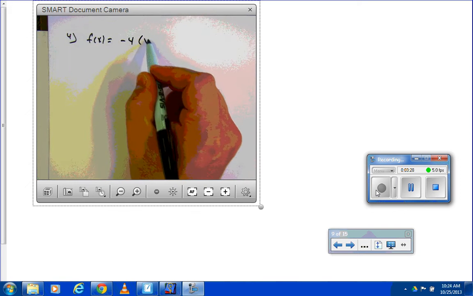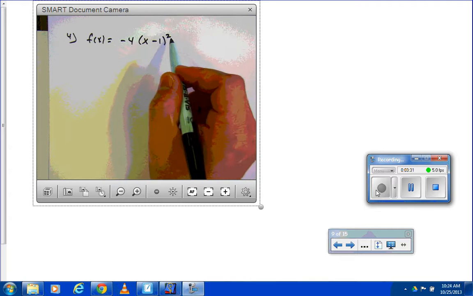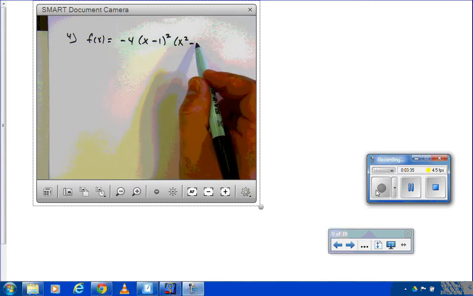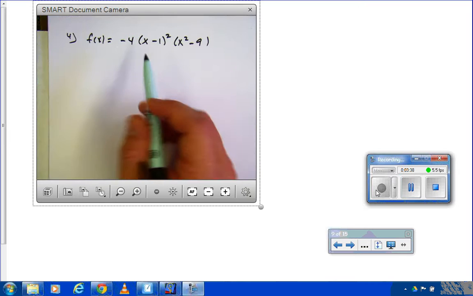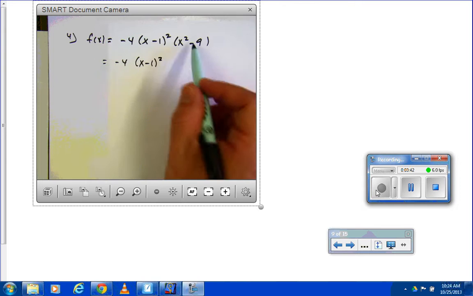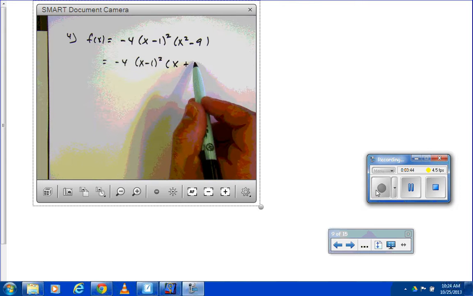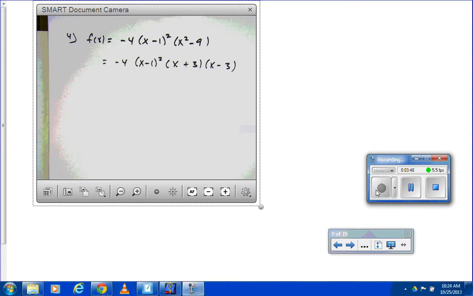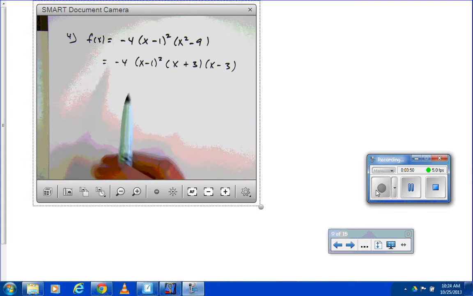Negative 4 times x minus 1 quantity squared times x squared minus 9. Probably should have written that down like this. What, x squared minus 9, that's x plus 3 times x minus 3. It's a difference of squares. All right, so now it's already in factored form.